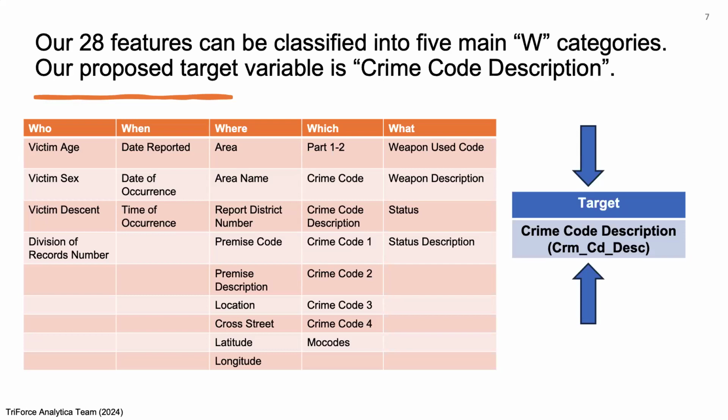So of course, we want to be able to predict the area. It means our target variable in that case might just be area name. But apart from that, we're also predicting the crime type, which is where the crime code description comes in. And then we also have a look at the role of victim demographics on the type of crime that is being perpetrated.